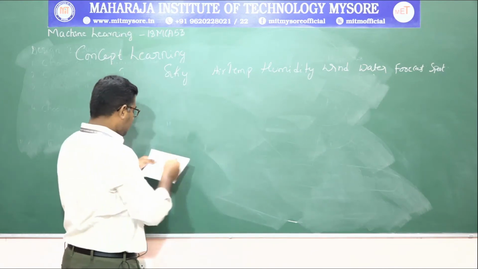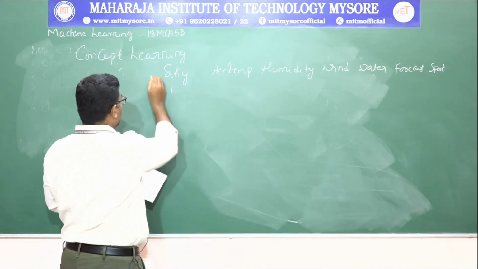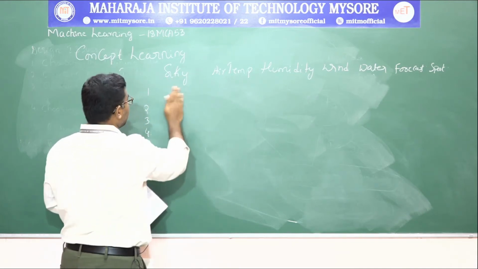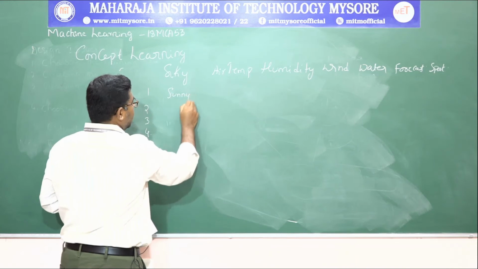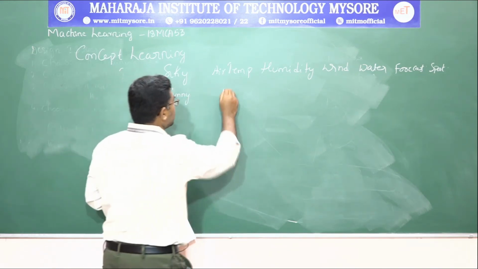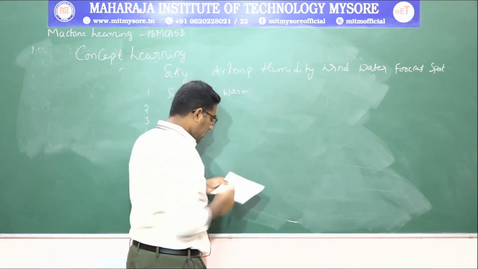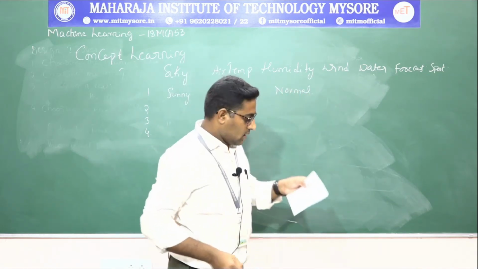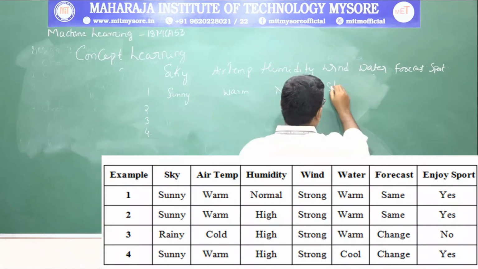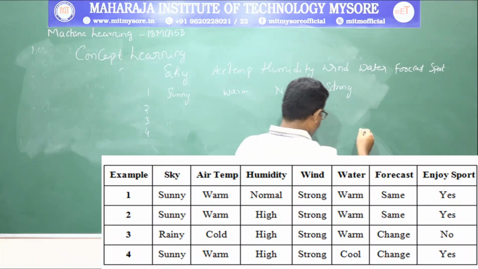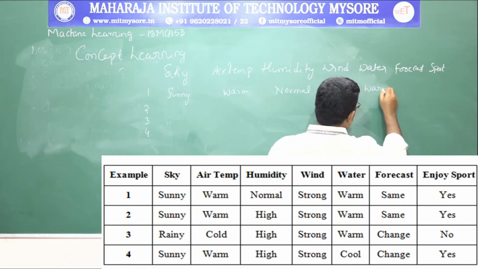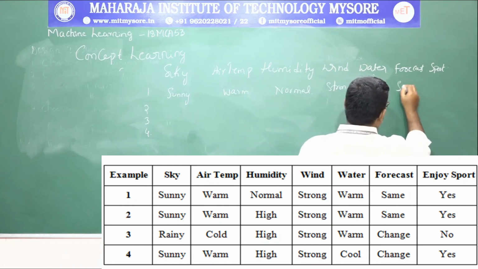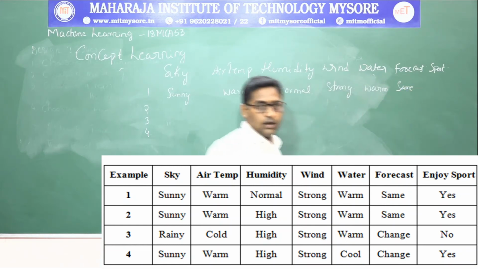Now if you say the sky is sunny, and you represent examples with serial numbers 1, 2, 3, 4, then you check that air temperature is warm, humidity is normal, wind is strong, water is warm, and forecast is the same, right?